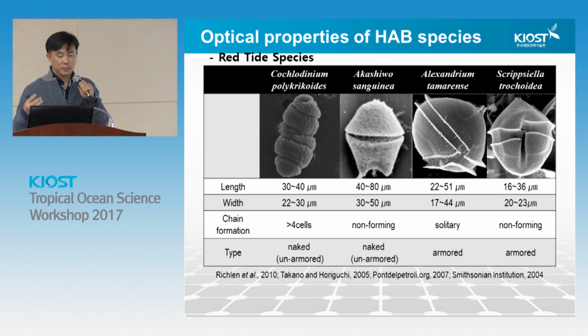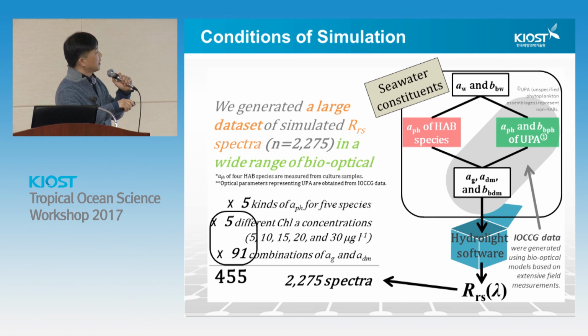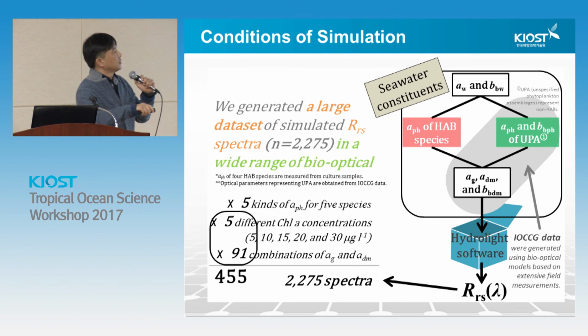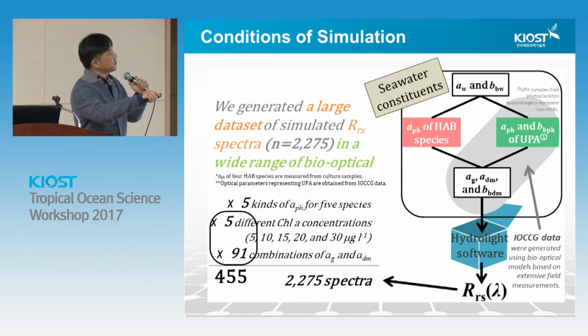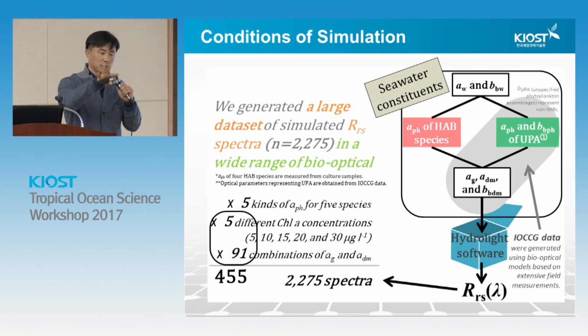We got samples, so we made this model simulation. We generated simulated large remote sensing reflectance data for two cases: one is the HAB species case, and one is the non-HAB case. We try to compare what is different between the HAB and non-HAB cases.